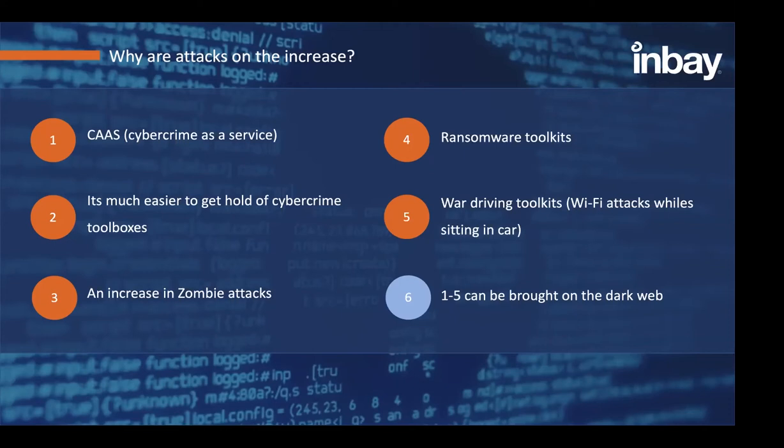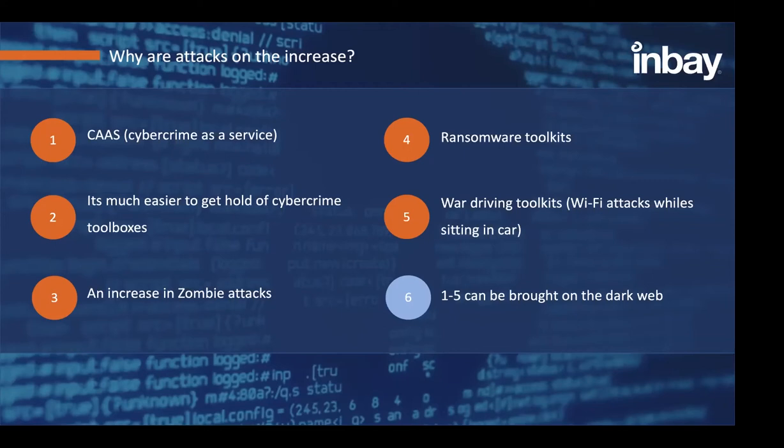Now, we don't tend to see a traditional Wi-Fi attack where someone will hack a Wi-Fi, because Wi-Fi technology these days is pretty secure and is improving all the time. But what we do see from a Wi-Fi point of view is somebody going into a building or finding a network point and then plugging in a Wi-Fi so that they can sit in their car and connect to their Wi-Fi and then infiltrate the network.